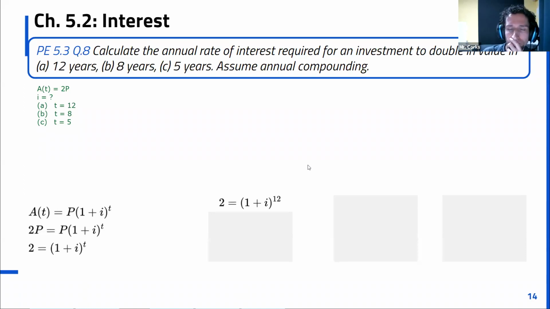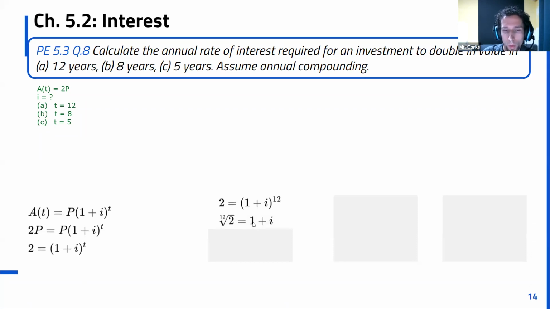Move the exponent to the left. And okay, so what will the left side be? 2 exponent 1 over 12, or just the 12th root of 2. Okay, and that's equal to 1 plus I. And if we simplify that, then the 12th root of 2 minus 1 equals I.